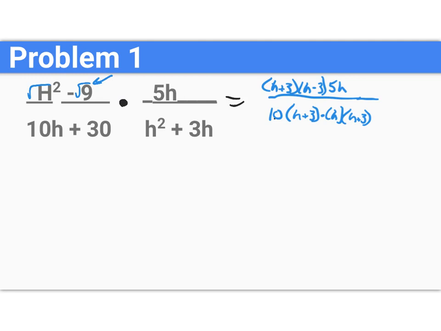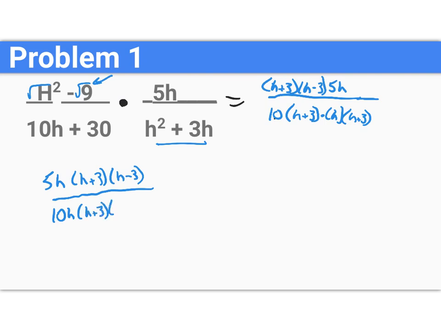In the second one here, I factored out h. Now I've got two h plus 3 terms. So I'm going to move things around, because we know that we can move factors around and it does not change our answer.